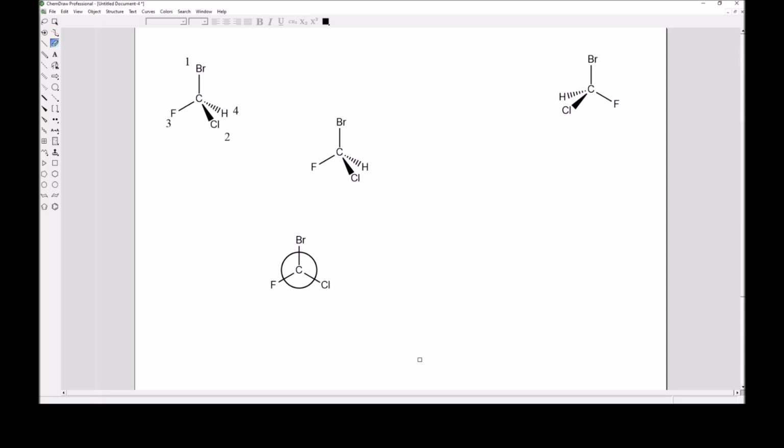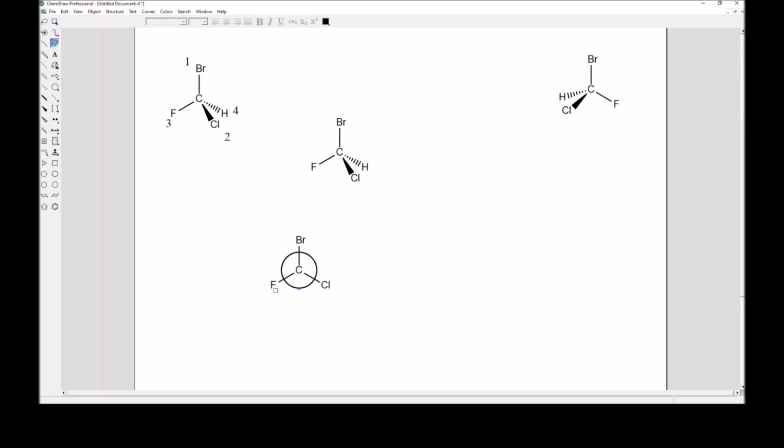Now we have situated ourselves correctly to be looking at this chiral carbon from the correct perspective of the Newman projection. And again, if you're asking why on earth do we have to go through all these steps, well, Kahn, Ingold, and Prelog came up with a system that needed to be reproducible. And it has a lot of individual little steps, but you get used to it after a while.